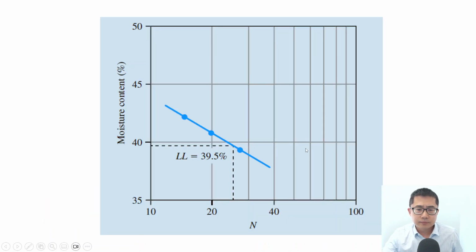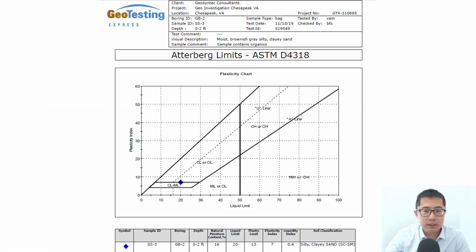So yeah, that's pretty much about it for that. Oh, we have one more thing. So this is a screenshot of a report for an Atterberg limit test from the geotechnical investigation report we used for the first lab, and for the same project that happened in Chesapeake, Virginia.